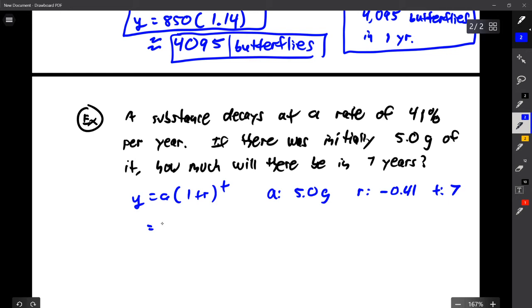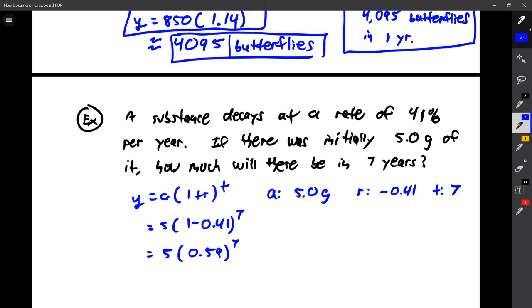So plug in what I know. I have 5 times 1 minus 0.41 to the 7th. Well, that's the same thing as 5 times 1 minus 0.41 is what? 0.59 to the 7th. Okay? So I'm going to do my 0.59 to the 7th, and then times 5, and I get approximately 0.12 grams.